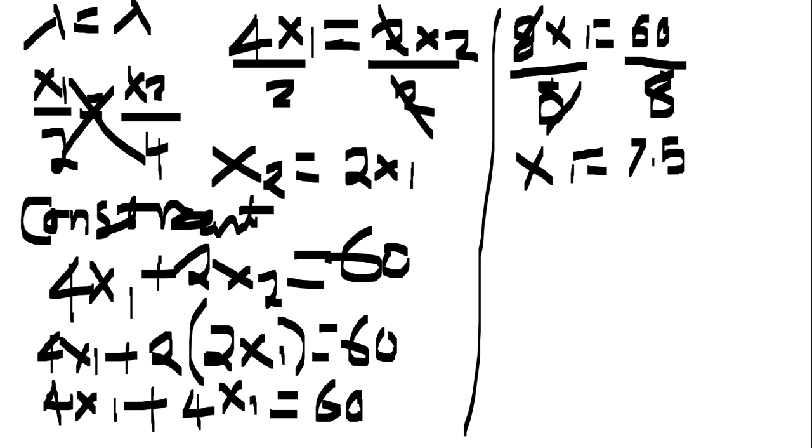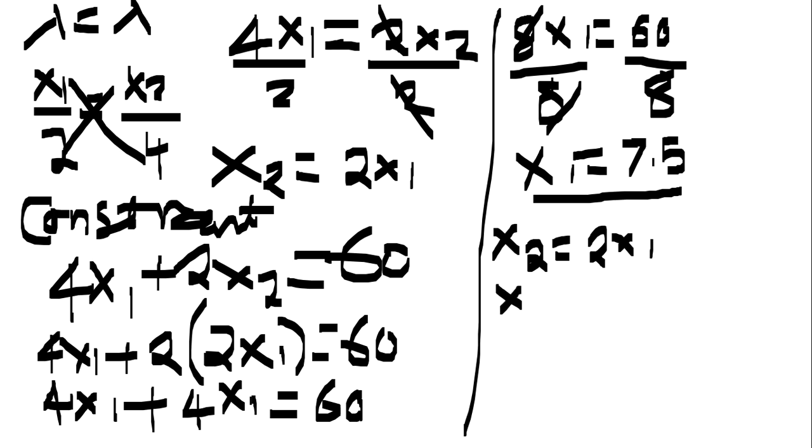7.5, yes. So in short, we now know that for this consumer to maximize his utility, he should buy 7.5 units of good x1. How about x2? We have a function which is saying that x2 is equal to 2x1, right?